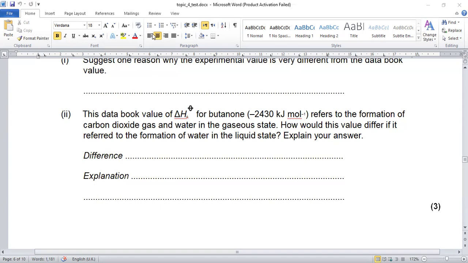When you calculate delta H combustion by bond energies, it will differ according to the physical state. When the water is liquid, gas, or solid, there is a slight difference in bond energy. We define bond energy as the average amount of energy used between the physical states, not a definite one. So here it's related to the physical state of the water and its bond energy.